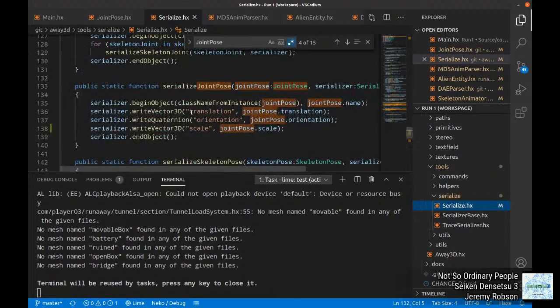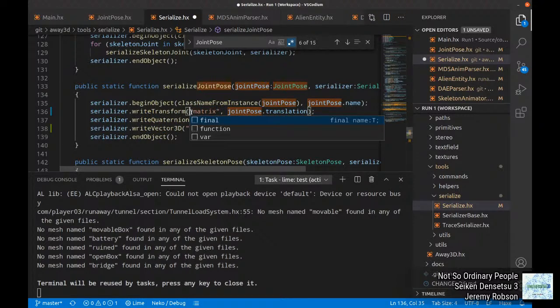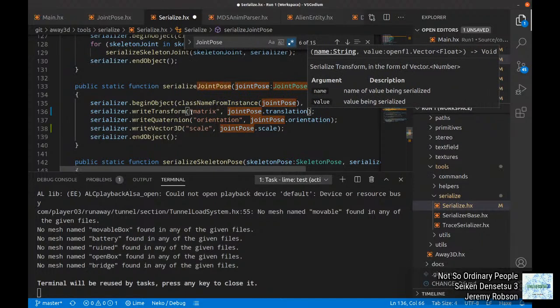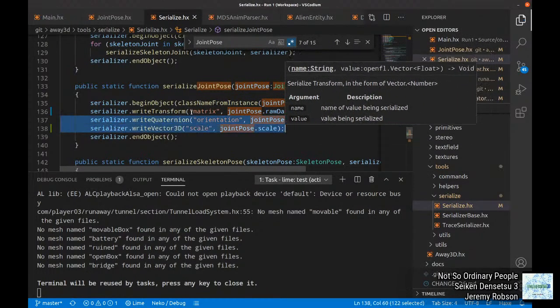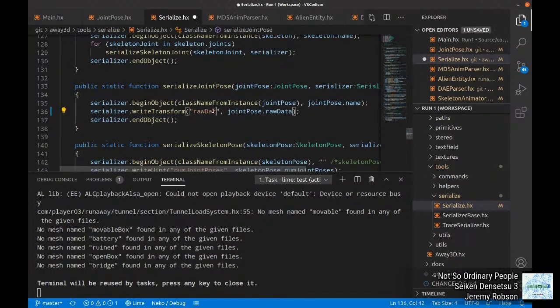So we can write data about this, but we can't get it back. Bet the name is supposed to match. Okay.